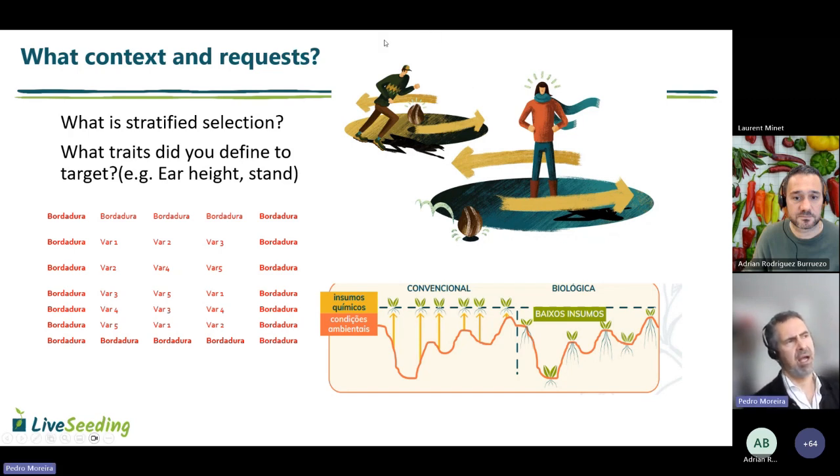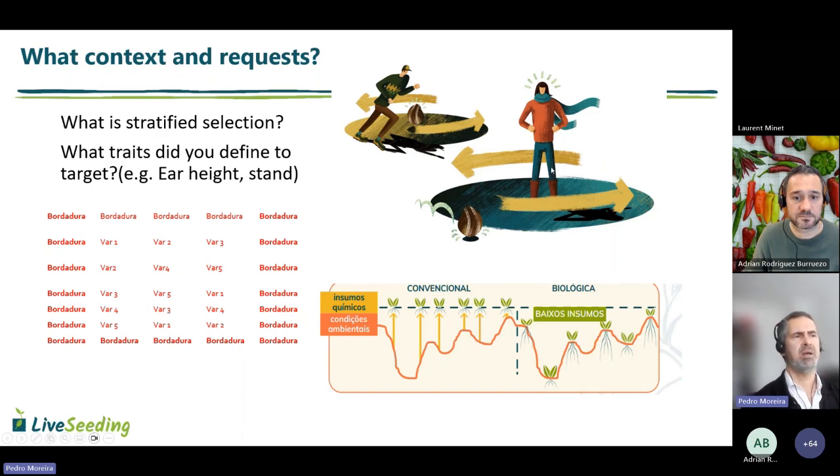Also, very important, if we are talking about selection in organic, or even for your local adaptation. As you can see here in the drawing, you have the seed in the center. It means that these seeds are made, for instance, in conventional. You buy a certain hybrid, and they say you should do this and this in order to maximize your yield.